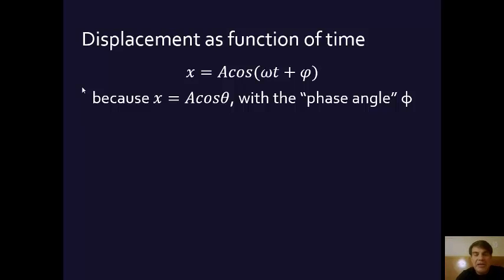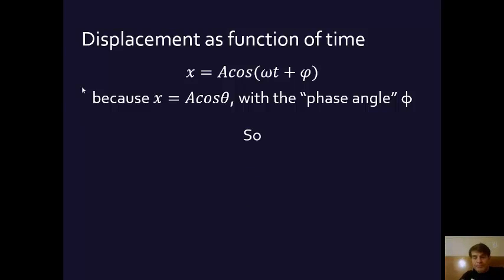So anyway, x equals A cosine of theta, and then we've introduced now the phase angle phi, just in case you haven't started with the spring at 0. Phase angle basically means where you start. We start this harmonic oscillator in progress. If you start it in progress rather than at 0, that's what that phase angle is for.